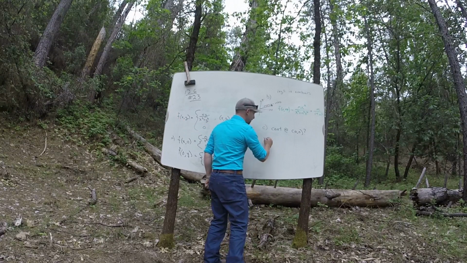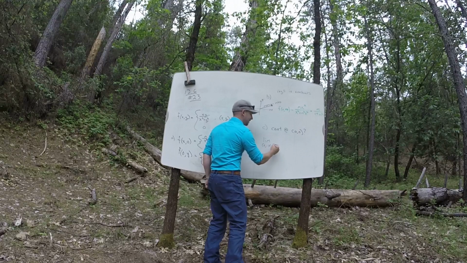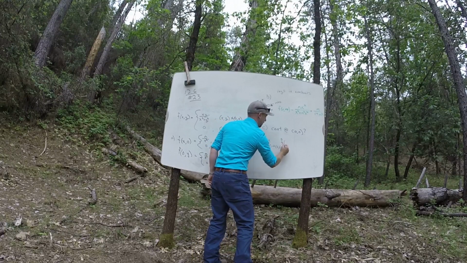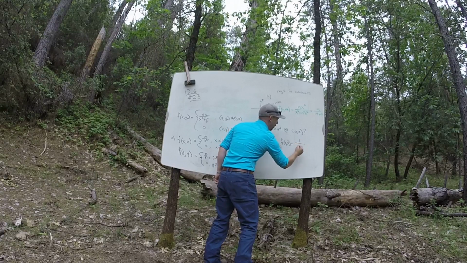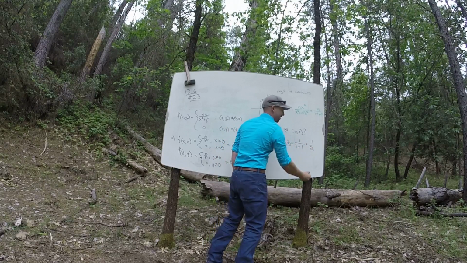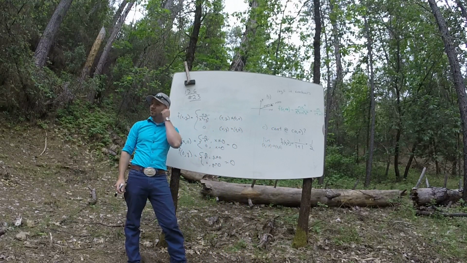So what does that mean? That means the limit as x and x tend to 0, 0 of my function is 1 over 1 plus 1, which gives you 1/2. What good does that do?